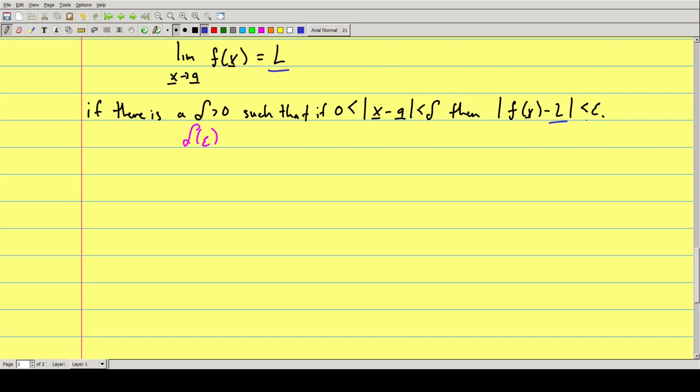Okay. We know what the distance function looks like for R^n, right? It's just the square root of the sum of the components squared. And if I need the distance between two things, I just subtract each of the things component-wise and square those. So when we're talking about that, that's what we mean. We want the distance between the vectors to be small.